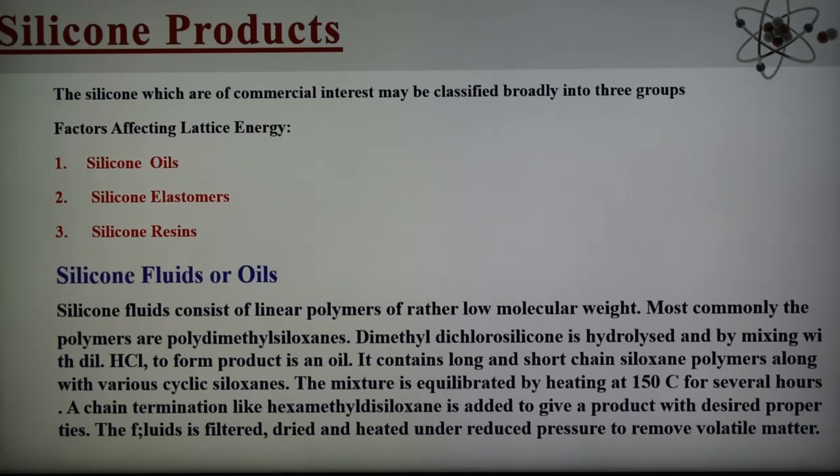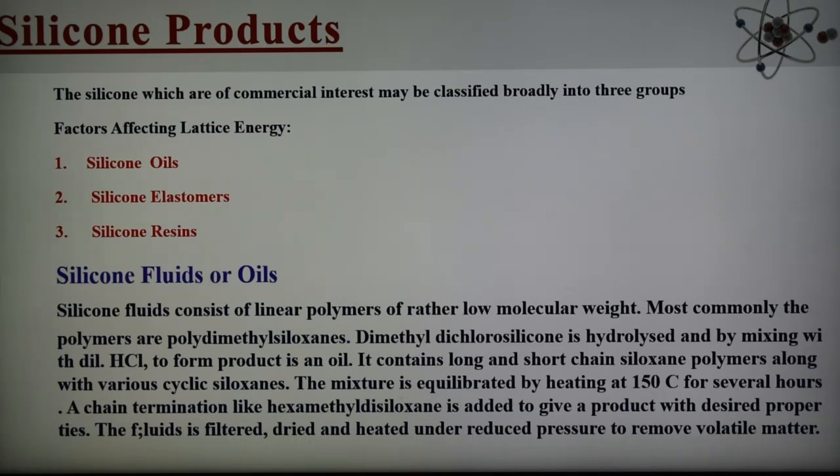At this stage a chain terminator such as hexamethyldisiloxane is added to give the product with the desired viscosity. The oil is separated from the aqueous layer, the remaining traces of catalyst are neutralized, and the oil is then filtered, dried, and heated under reduced pressure to remove the volatile materials.